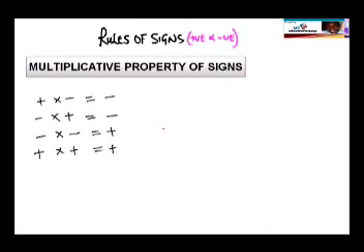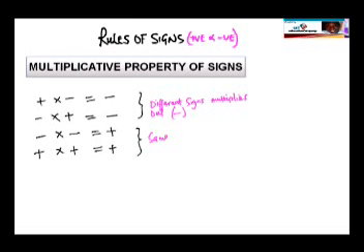So in a nutshell, same sign multiplies out to get plus sign, and different sign multiplies out to be minus sign, while same sign multiplies out to positive sign.